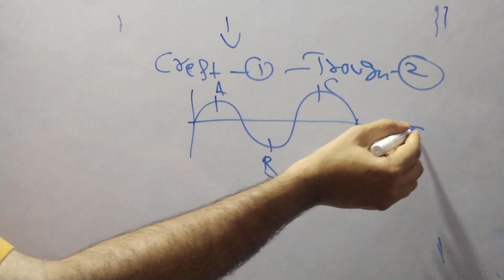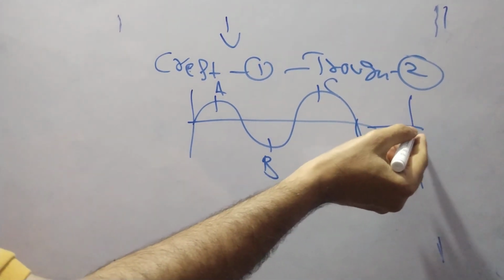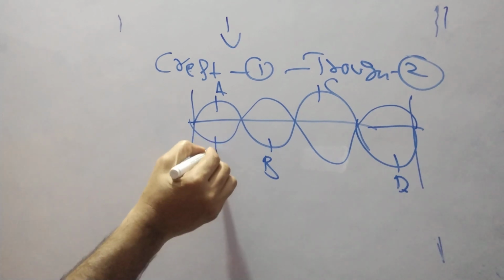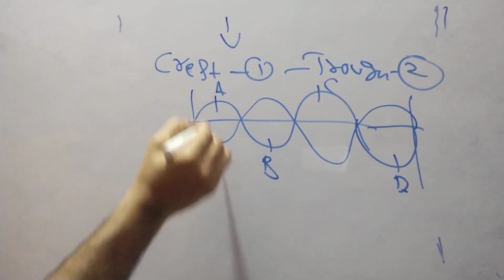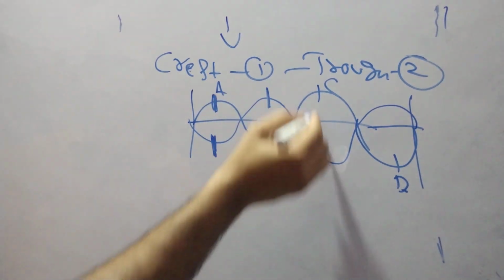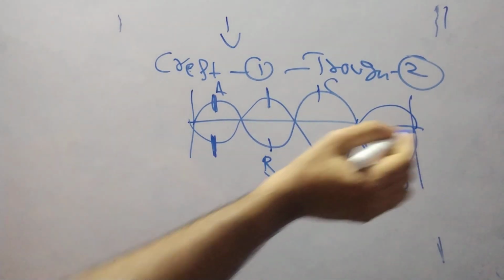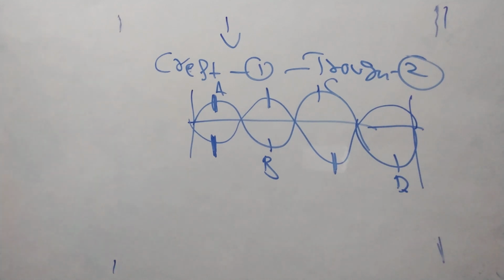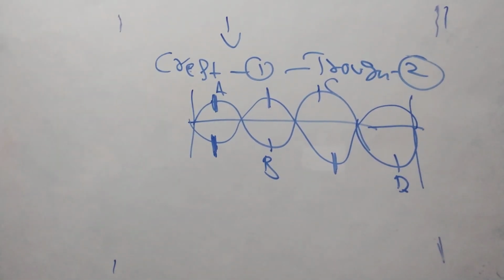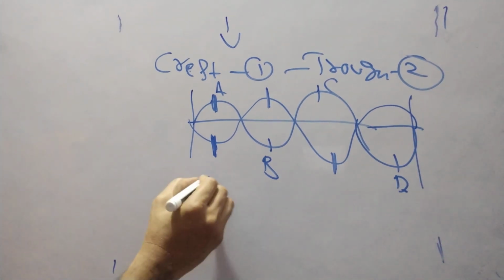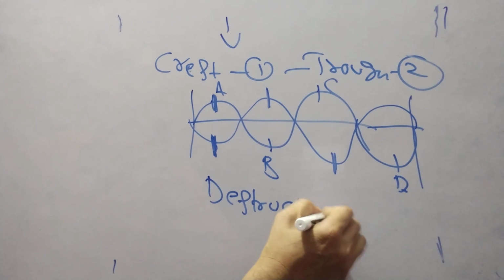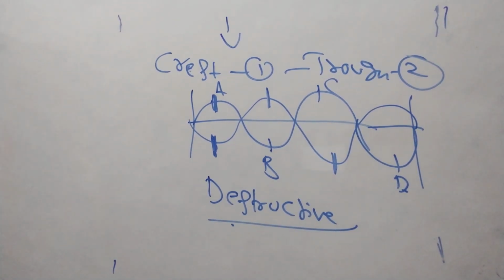So if you take that, you get a wave like this, where trough and crest are attached, and so on. Superimposing the waves such that crest and trough are attached, that process is known as destructive interference.